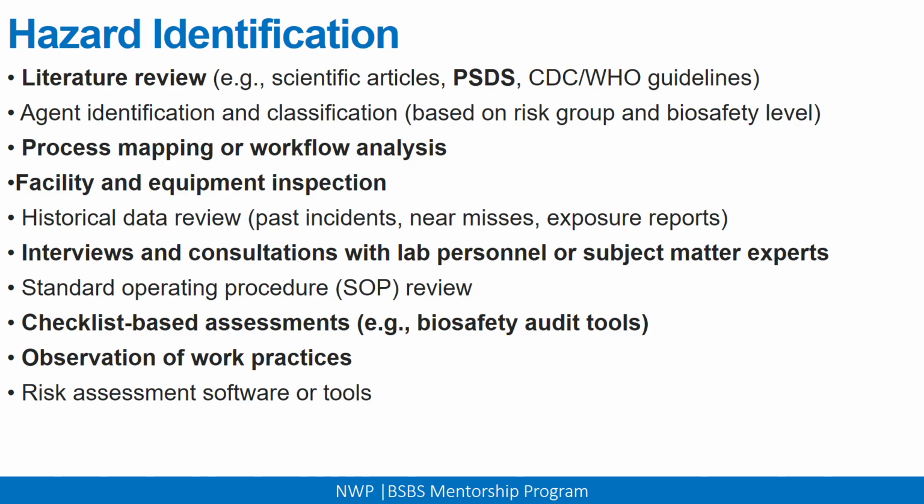Then you can also use some software that will help you identify the various hazards that may be potential threats, or hazards that may be misused, stolen, or diverted. So you can identify the hazards through these various steps. The steps highlighted in bold are mostly what we'll use when we start doing our risk assessment for this program.